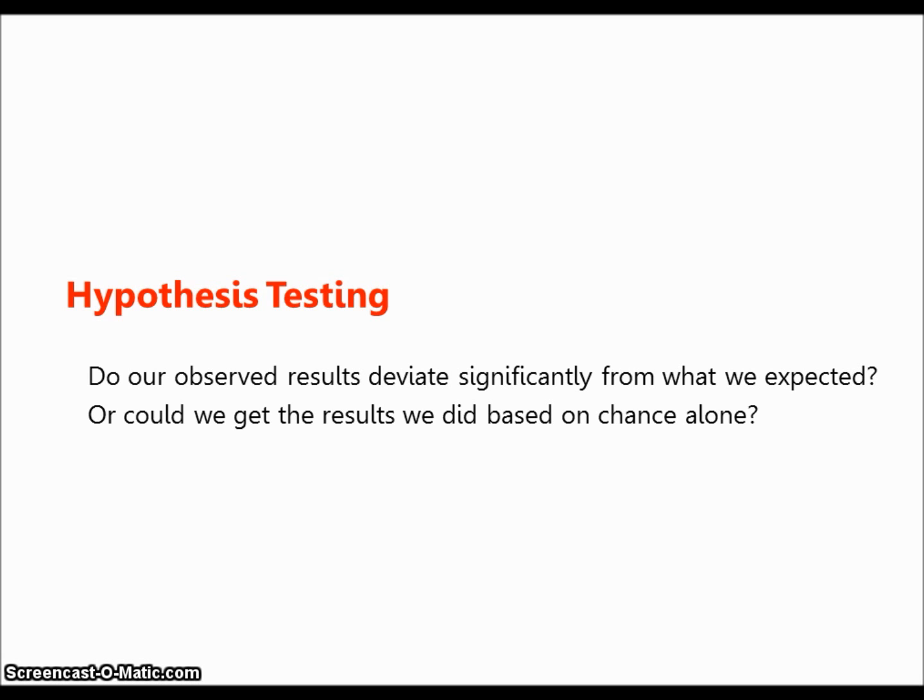It's just that we happened to get unlucky and got these amazing data, and it looks like they're statistically significantly different, but biologically there's nothing going on. So the probability of getting these results based on chance alone in that case would be very small, in which case we would have stronger support for accepting our hypothesis that our results do in fact deviate significantly from what we expect.